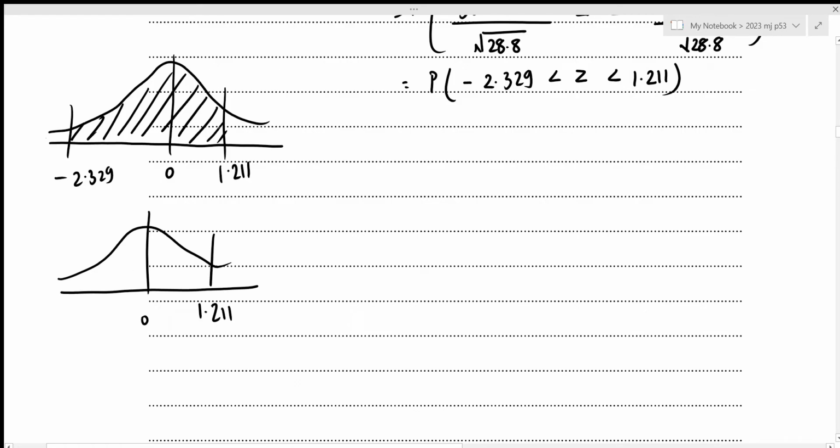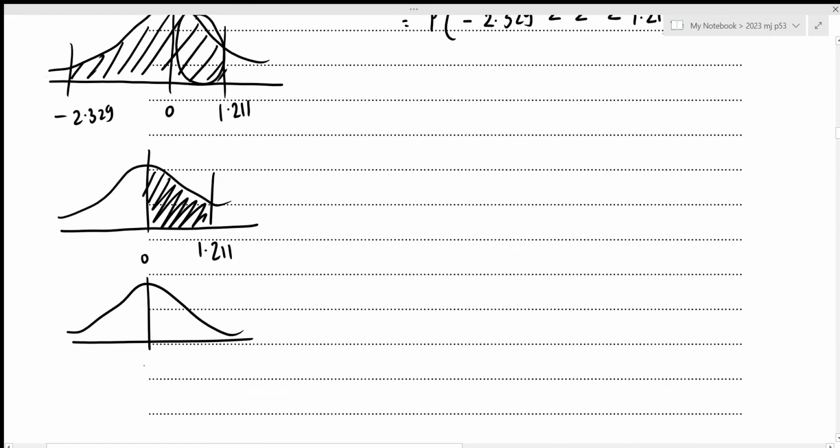Let's split these parts. So this is the first part we require. Now for the part in our negative region, let's flip the curve because our standard normal curve is symmetrical. So we can place 2.329 here and this area will be equal to this area. So we basically require the sum of these two probabilities, right?